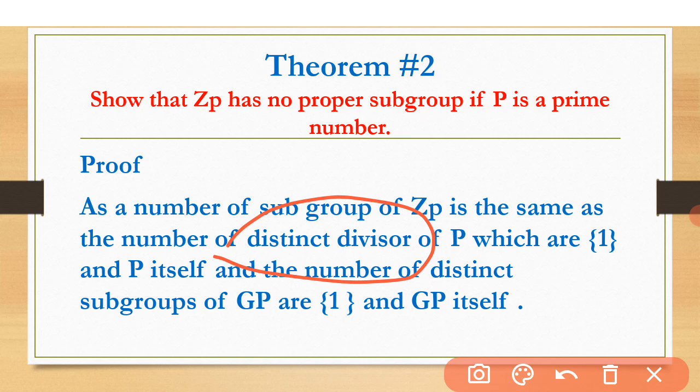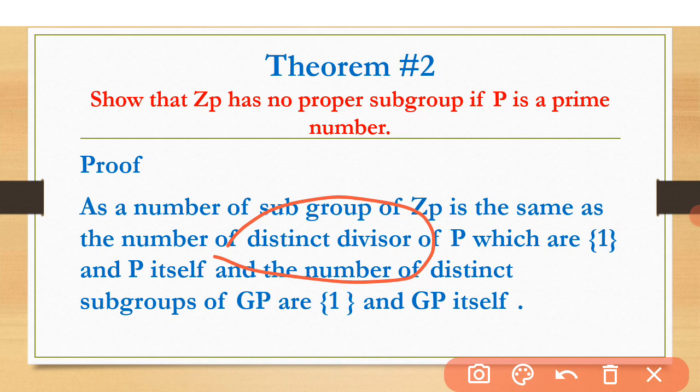It means any group containing 4 elements must have 3 subgroups: one containing 1 element, the second containing 2 elements, and the third containing 4 elements, which is the improper subgroup. So distinct divisors make the subgroups.